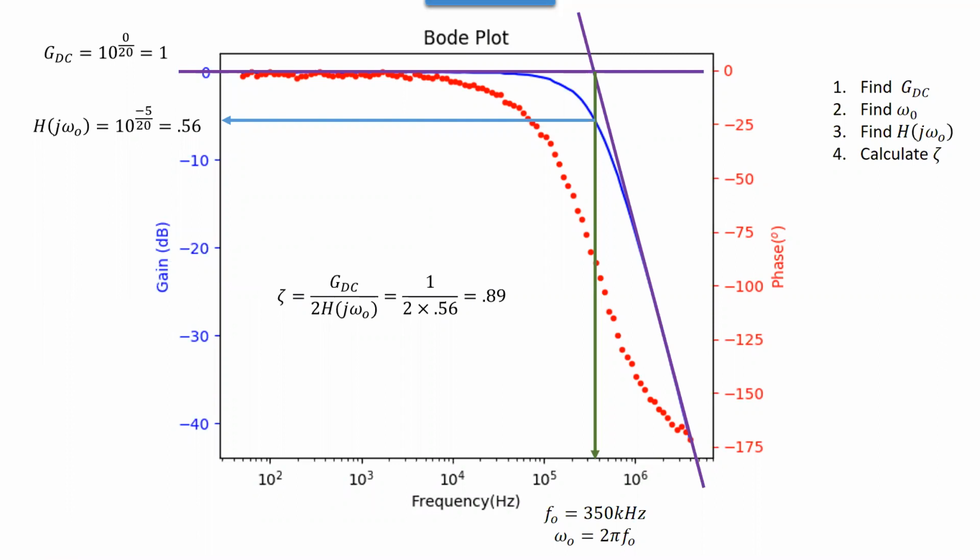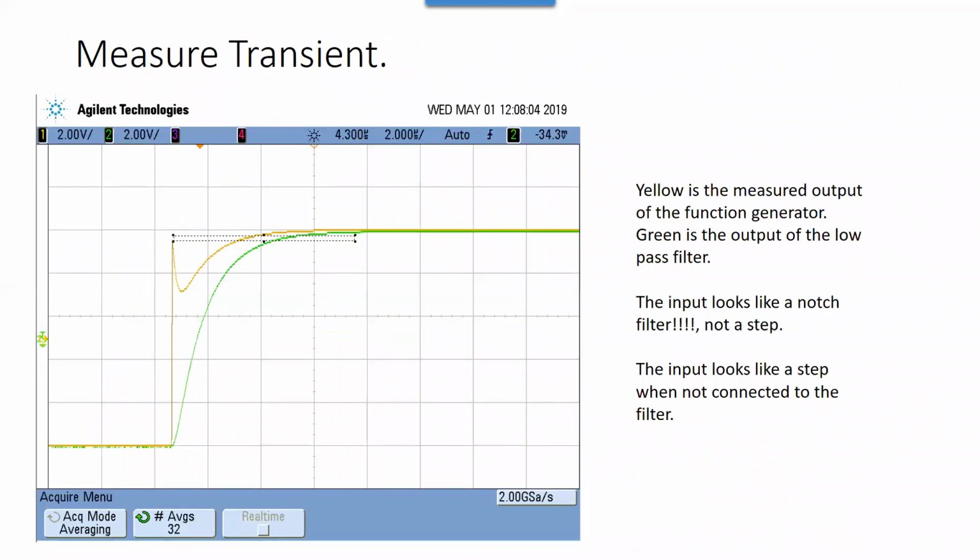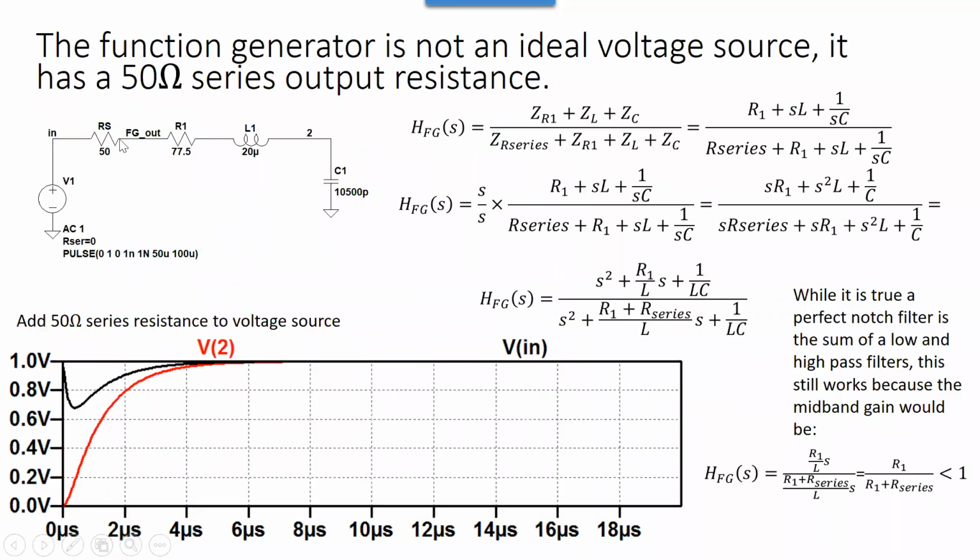And this is a real world task because I had a Bode plot. But then when I went to measure it, the input wasn't a step, but it was jumping out at me that it was a notch. And that made me realize, oh, I'm getting a voltage division here. If this resistance was 100 times this, that voltage division would still occur, but you wouldn't really notice it.